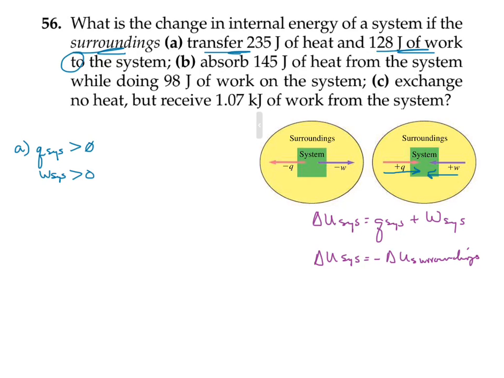For A, it says that the surroundings is transferring 235 joules of heat, so it's transferring it in. It is endothermic, positive Q. And the surroundings is doing 128 joules of work, so it's doing it on the system. That's why it's a positive work term. Those will be out there if you want them.